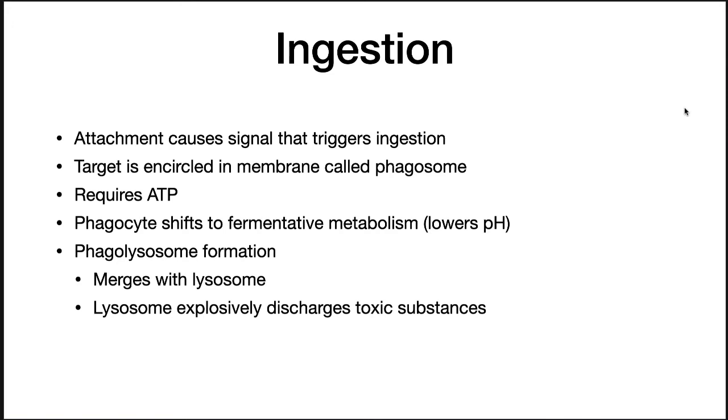The phagosome will then merge with a lysosome, and the lysosome is full of toxic chemicals and enzymes that will kill the bacterium. The lysosome, when it fuses with the phagosome, will explosively discharge its toxic substances at the bacterium.